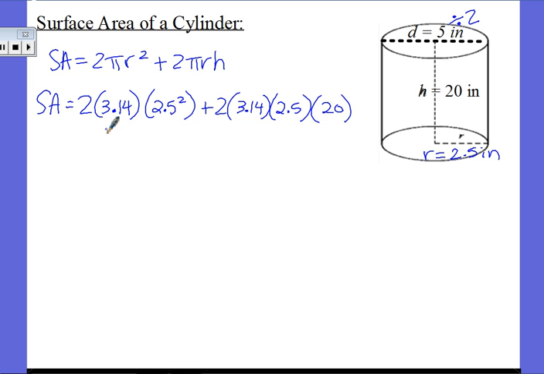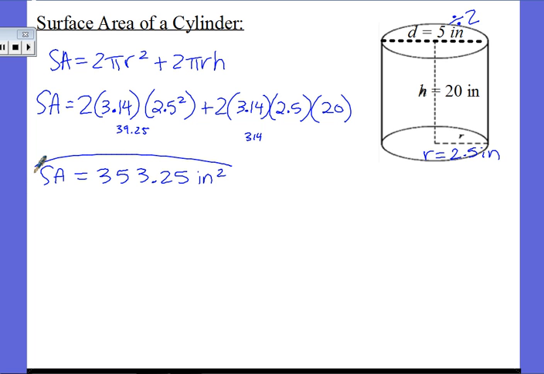That gets me 39.25. Then I type in all of this multiplication as well: 2 times 3.14 times 2.5 times 20. We get 314. We add those together in our calculator, so the 39.25 plus the 314, and we get a surface area of 353.25, and those are squared inches.